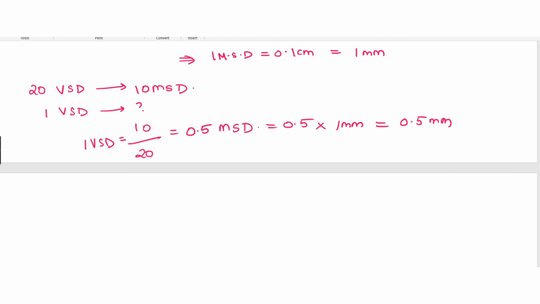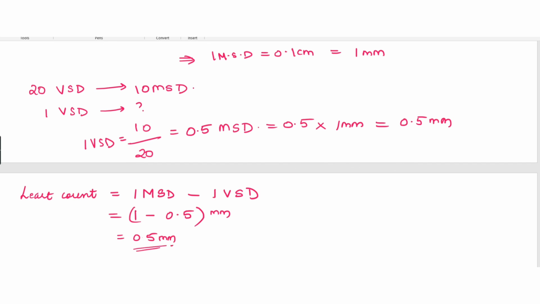Least count is simply 1 MSD minus 1 VSD, 1 main scale division minus 1 vernier scale division, which is 1 millimeter minus 0.5 mm. So subtract, you get 0.5 mm as the final answer.